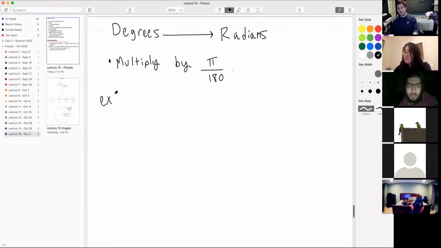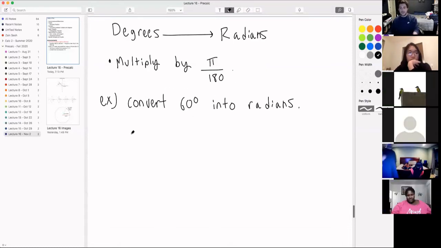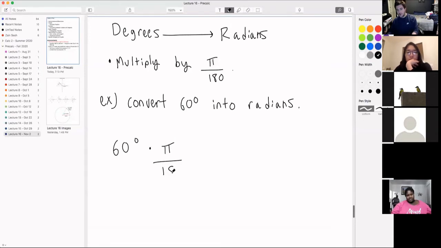So, example. Convert 60 degrees into radians. As the formula says, you take 60 degrees and multiply by pi over 180.